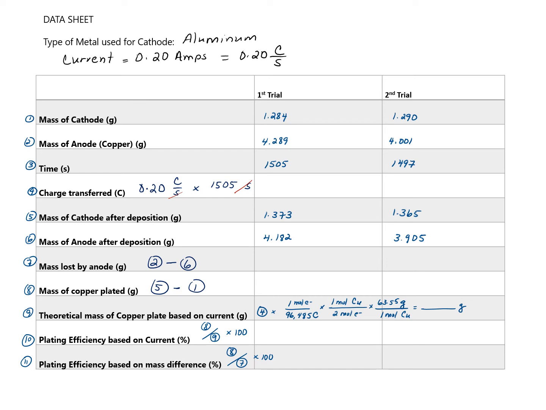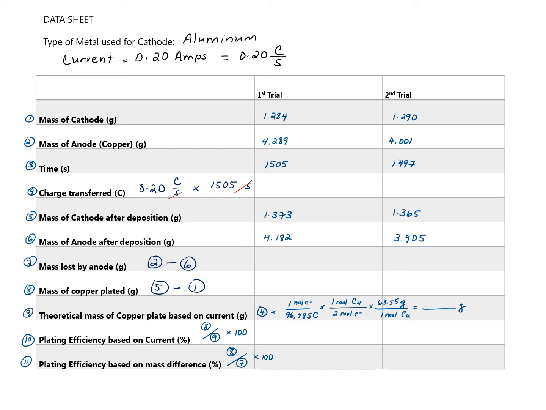So that number is the charge per mole of electrons. When you do your number 4 times that conversion factor, your coulombs cancel out, and what you have is the number of moles of electrons transferred in the experiment.